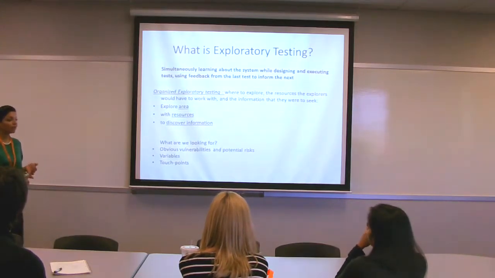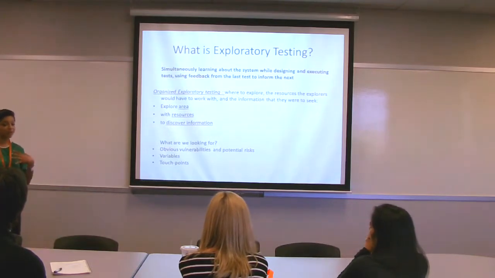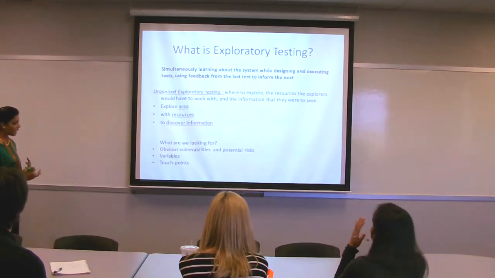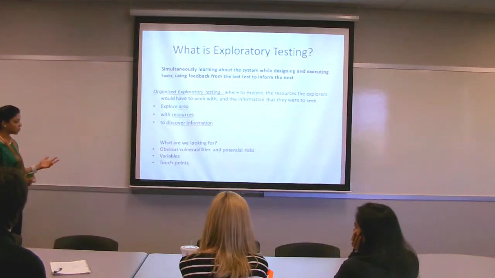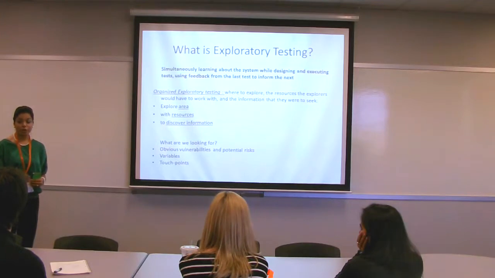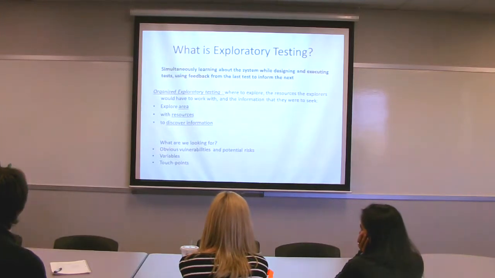What variables are there, whether you are providing a variable or the application is giving you a variable back, and how it changes, when it changes. Knowing that and testing that by exploratory testing. Then touch points, wherever there's an input or output, whether you are providing it or it is coming from a third application, it is important to touch all the touch points with exploratory testing.